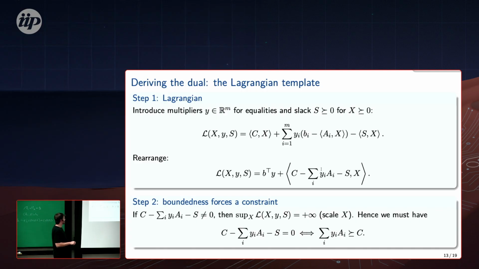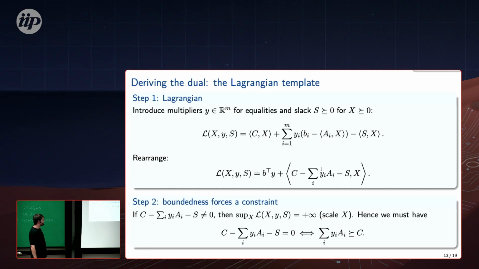And if this thing over here is not equal to 0, then I can just scale x, and we get that this term over here explodes. This term here doesn't depend on y, so this is a function of x and y. So we see that for this part of the function not to explode when we're optimizing, this thing over here has to be 0.